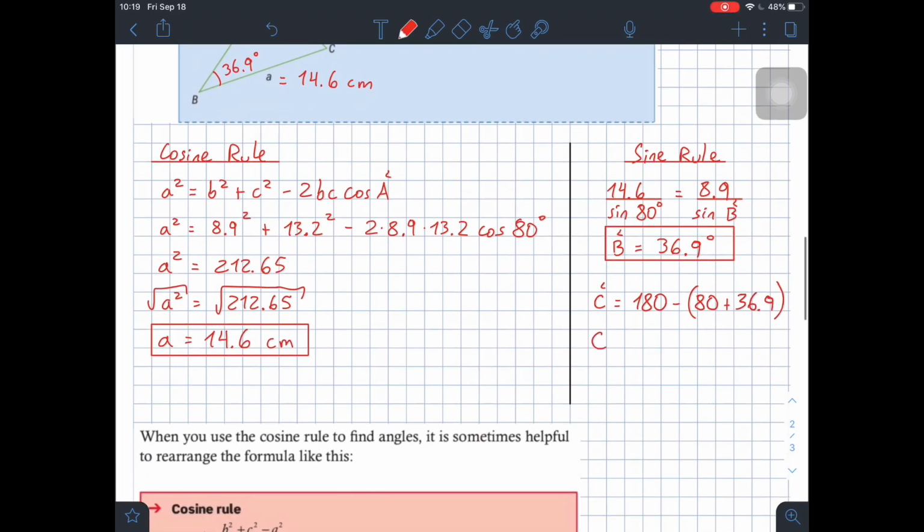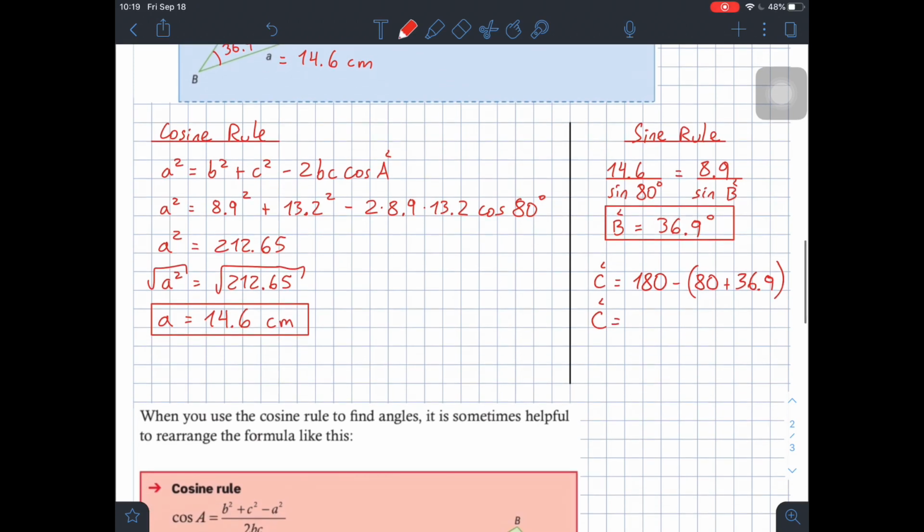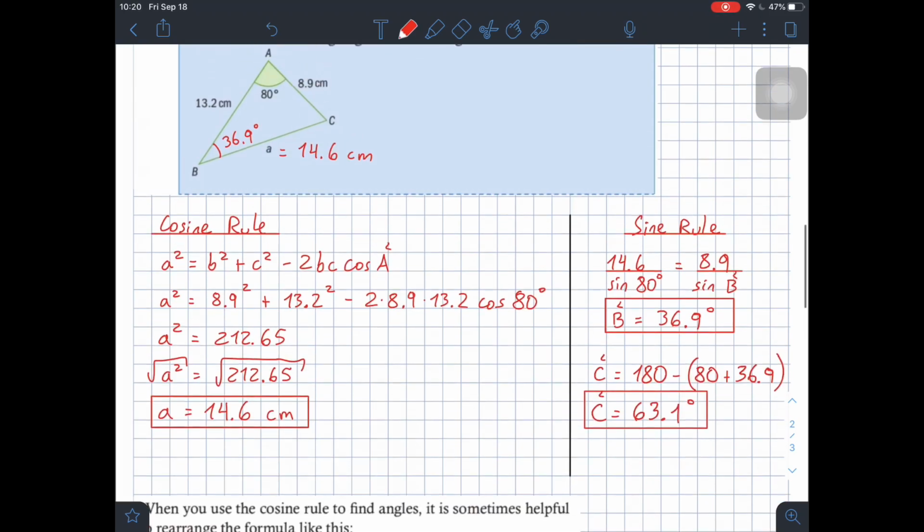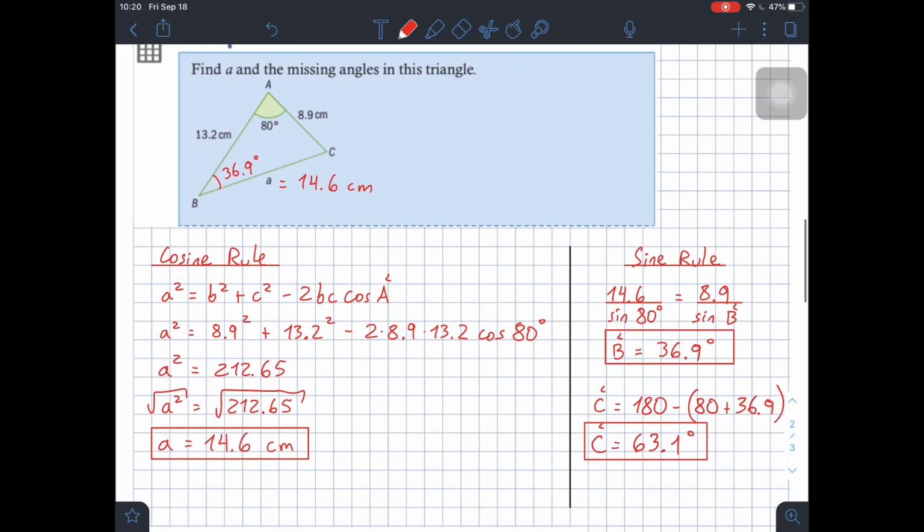So 180 minus that is 63.1 degrees. So this is the missing angle we had left here. And there we have solved the whole triangle.